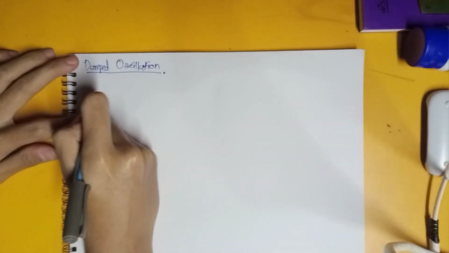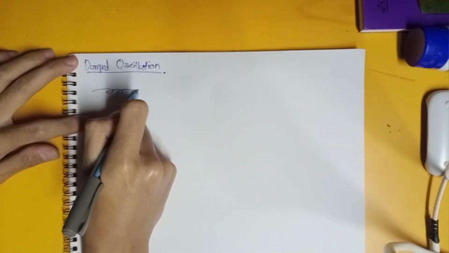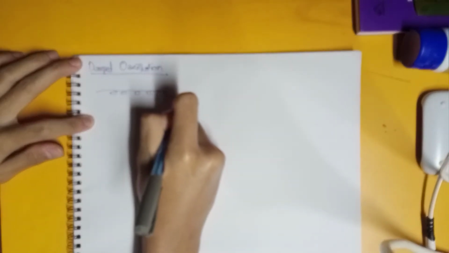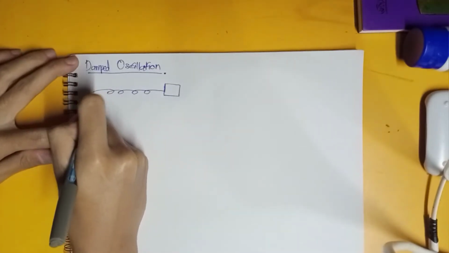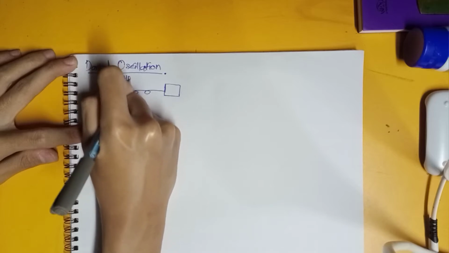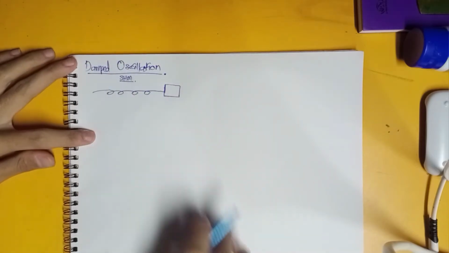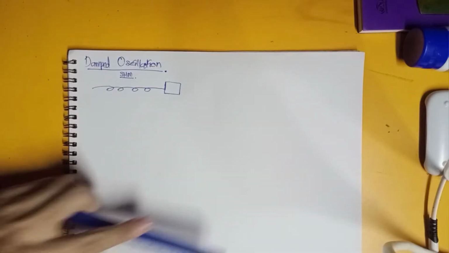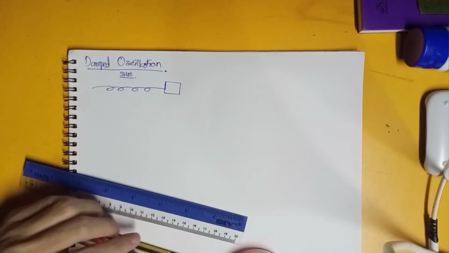Okay, let's say that we have a spring here and it is attached to a block, and here we have the simple harmonic motion case.